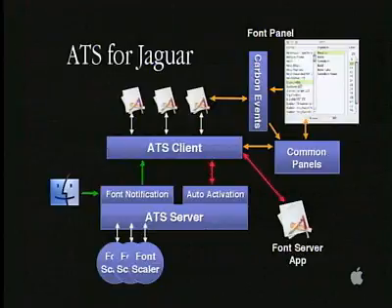Likewise, clients can register for auto activation as part of the auto activation queue, and when fonts are requested that can't be supplied by the standard installed fonts, ATS will query registered third-party font manager clients and obtain font activation from them. The font panel is implemented as part of the Common Panels framework, so you would link against that, but it will communicate with ATS to obtain font information, and it will pass font selection information by Carbon event back to the client applications.